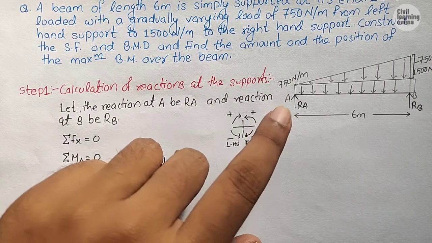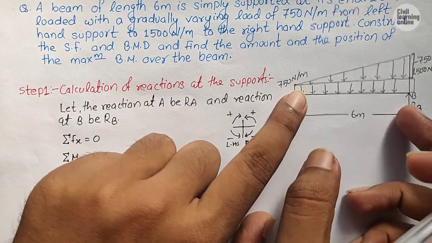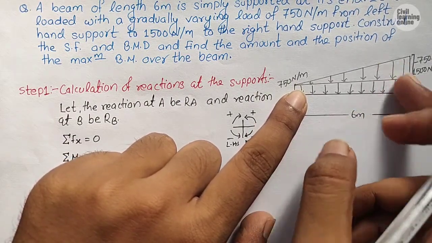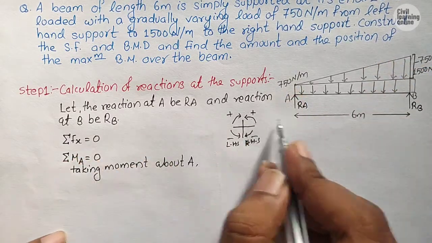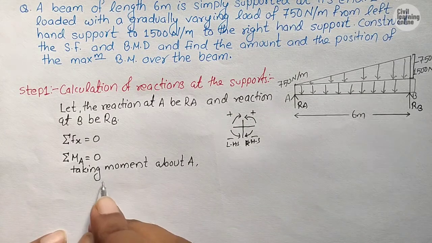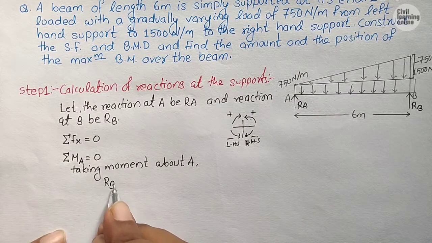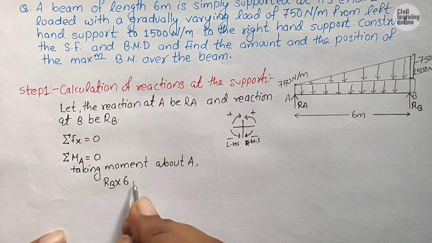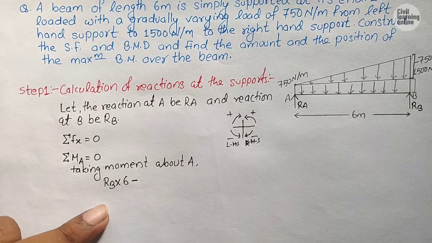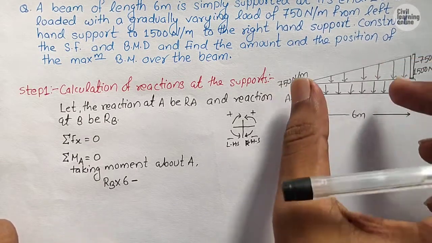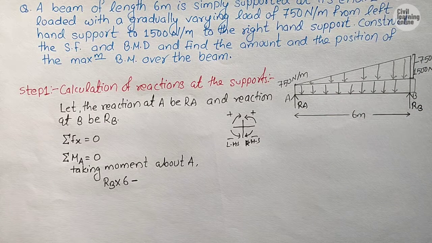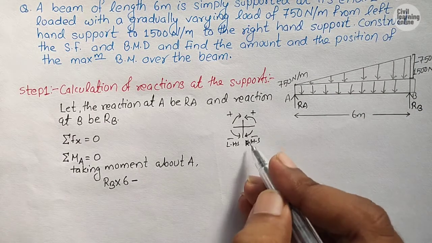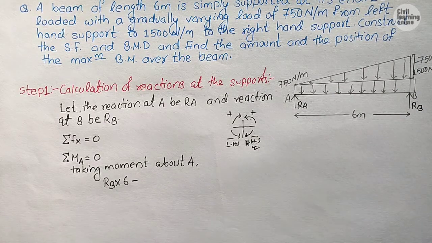If I am taking moment about A, let us take RB as anti-clockwise positive. Then we have RB into 6 minus, since RB is anti-clockwise. Now this UDL and the varying load are acting downward, so these two forces will take negative direction because I am following the sign convention of RHS.